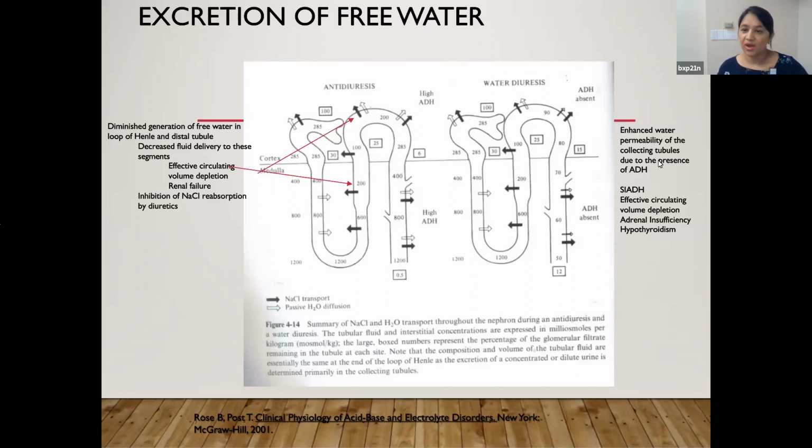And suppose you have unnecessarily high ADH, then that will basically conserve the water, right? So you're conserving much more water than needed, then that will lead to water retention and hyponatremia.